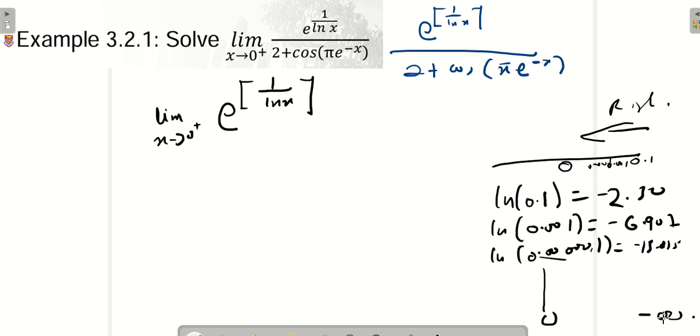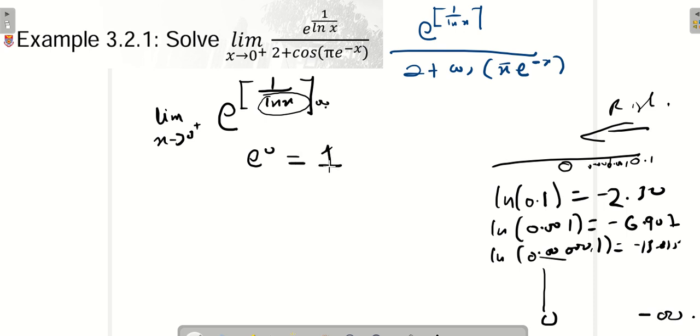So we are saying that in this expression, as x is approaching 0 from the right, ln x will become negative infinity. And if ln x becomes infinity, then 1 over infinity will be 0. Then we will have e exponent 0, and e exponent 0 is 1.